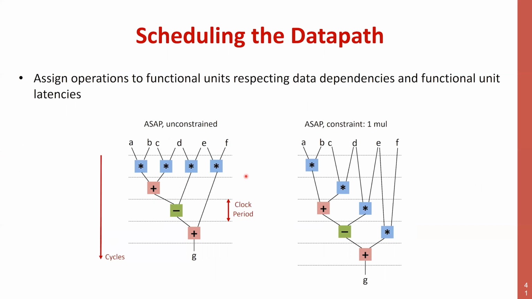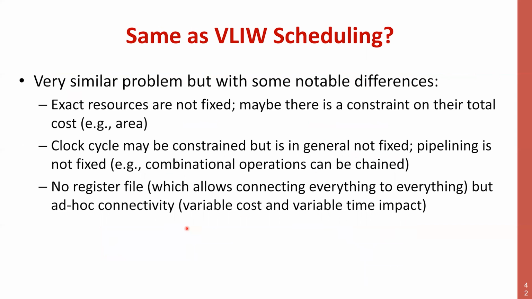This one needs 4 multipliers. This one needs only one multiplier but takes one cycle more. So these two solutions are two absolutely legitimate solutions that trade off some time, one cycle more, for some area, 1/4 of the multipliers that I have in the other solution. This is something that, of course, doesn't exist in VLIWs because the resources are fixed. The other thing is that clock cycle is constrained but not fixed.